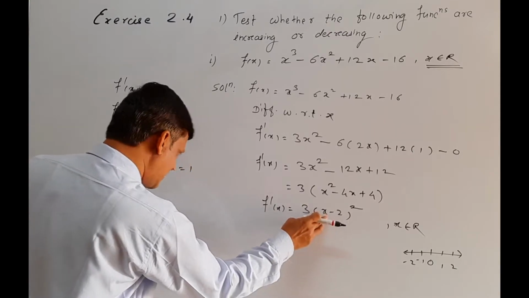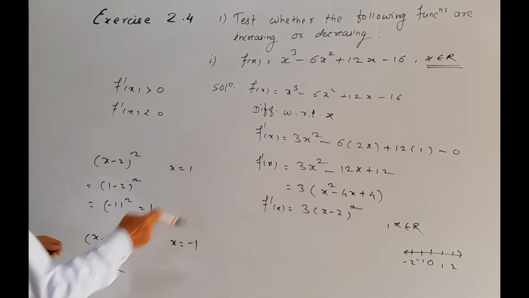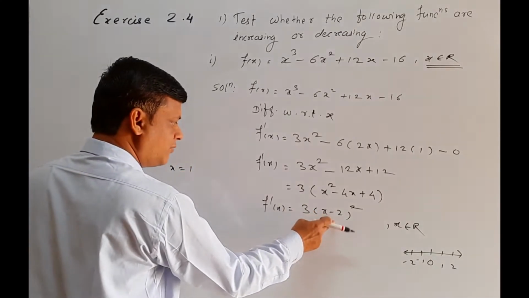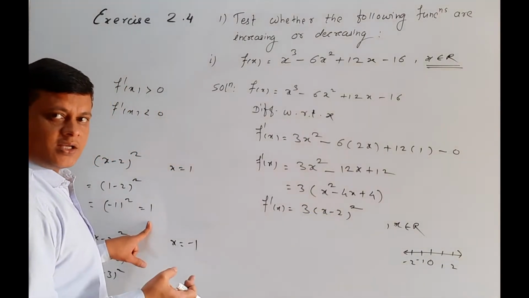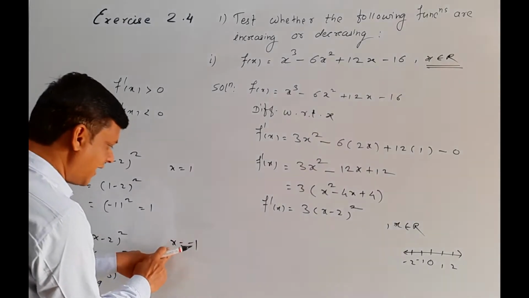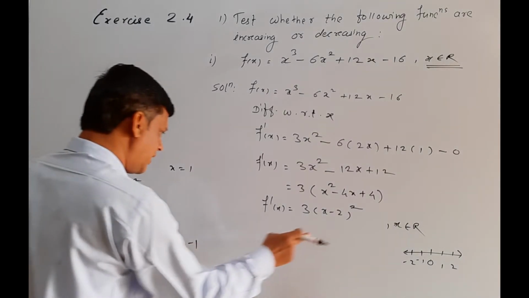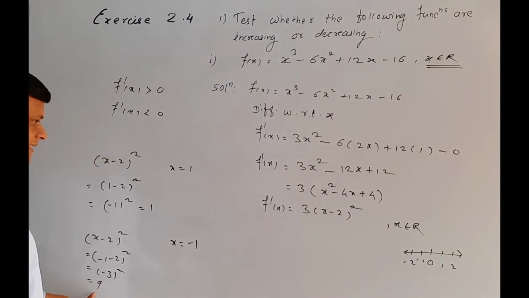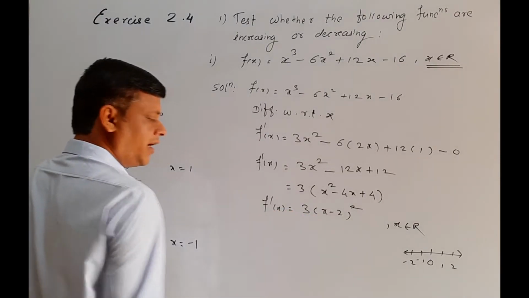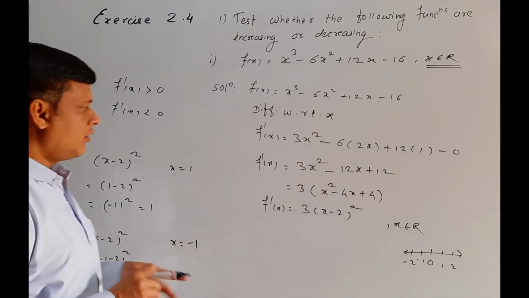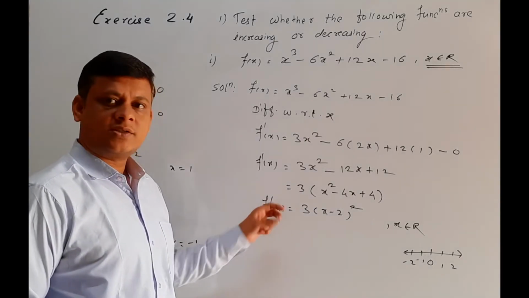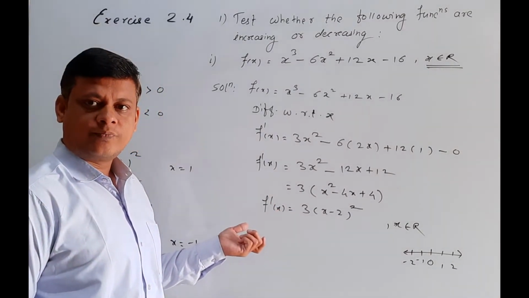When we replace x by plus 1, we get the value of this bracket as 1, so 3 into 1 is 3, which is greater than 0. When we take x equals minus 1, the bracket value is 9, so 3 into 9 is 27. That means for positive and negative values, f dash of x is greater than 0.